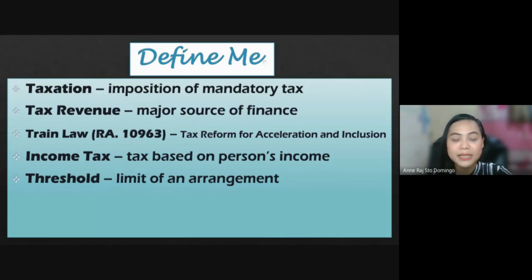That will be the limit wherein your benefits will be non-taxable. So may limit siya kung kailan siya non-taxable lang. Kapag lumampas siya sa threshold or sa limit, that is the time that the benefits will be taxable or will be imposed by a certain tax.